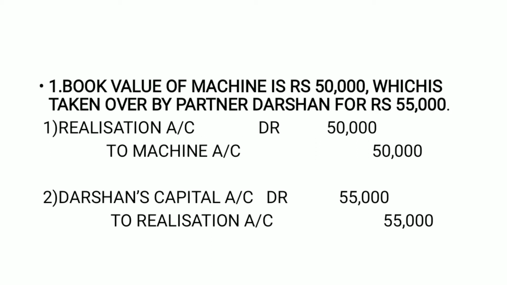It says the book value of the machine is rupees 50,000, which is taken over by partner Darshan for rupees 55,000. Book value is the one which is presented in the balance sheet.